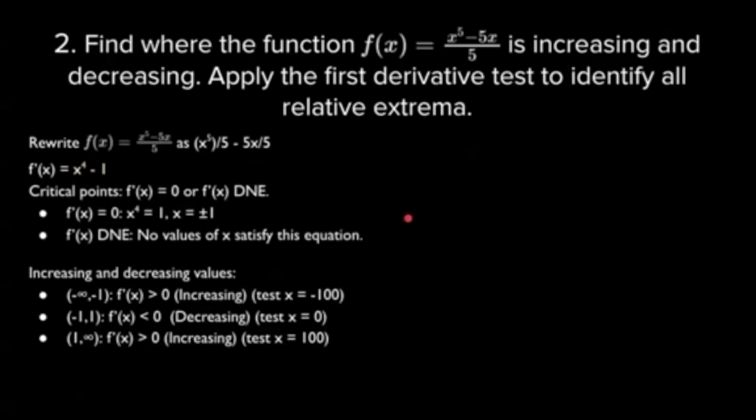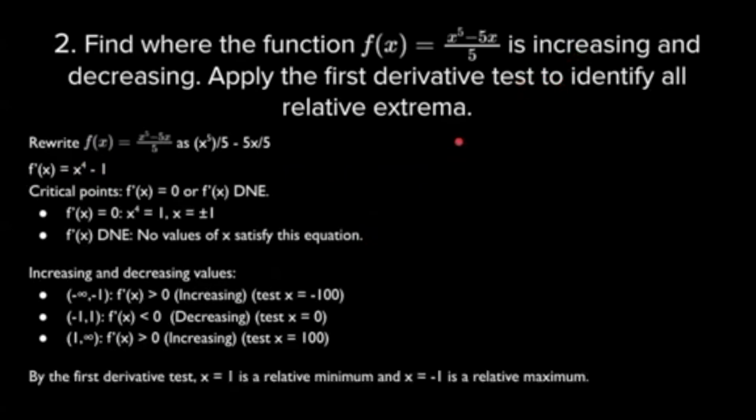So now that we have those values, what does that mean? We want to find all the relative extrema. So by the first derivative test, we know that x equals 1 is a relative minimum, and x equals negative 1 is a relative maximum. And how do we know that? Because from negative infinity to negative 1 it's increasing, and from negative 1 to 1 it's decreasing.